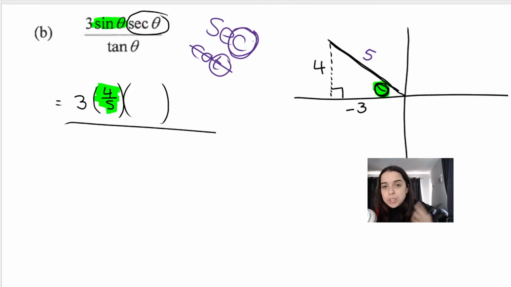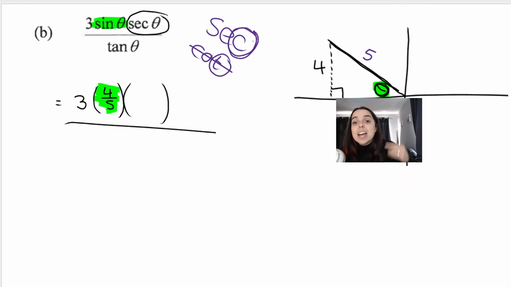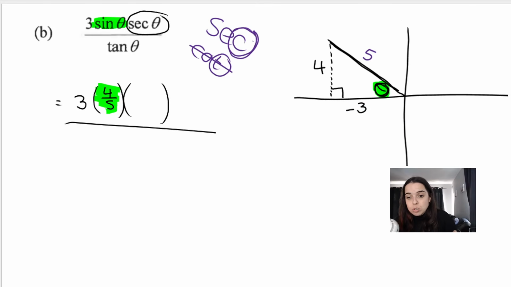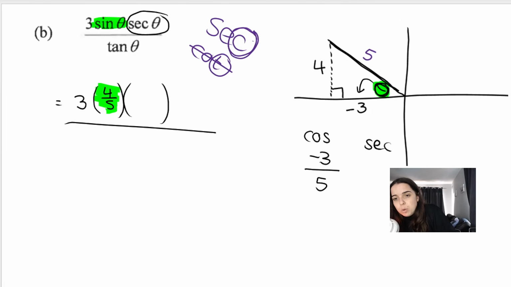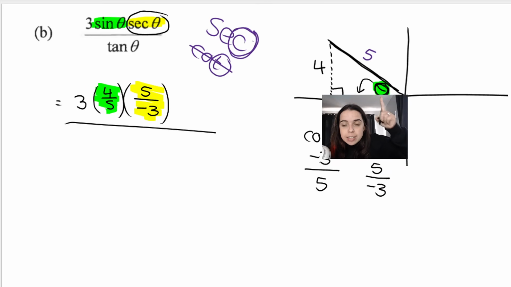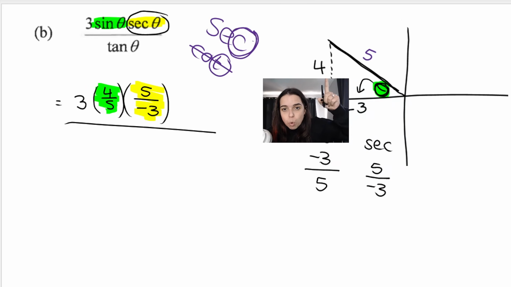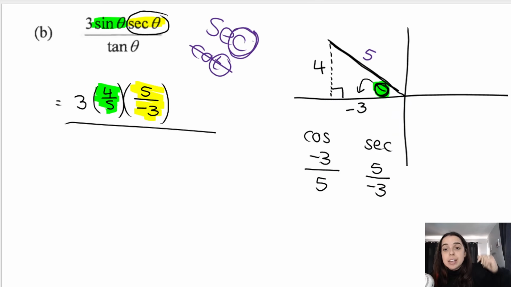Now, what would cos be? Cos would be adjacent over hypotenuse. What is adjacent to my angle? -3, and my hypotenuse is 5. So if this is cos, then sec would be the reciprocal of that: 5 over -3. And then tan, looking at my angle, is opposite over adjacent, so 4 over -3.